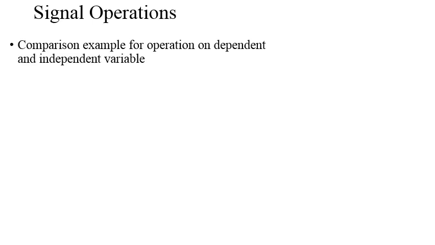So to make a concept a bit more clear, let's take a comparison example for the operation on independent and dependent variable. Let's plot a signal. For example, we take a pulse, okay.